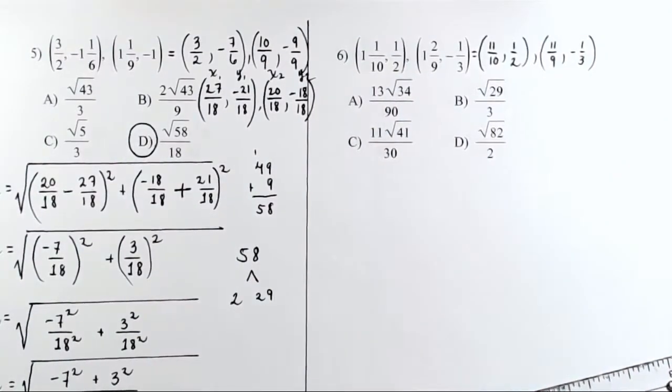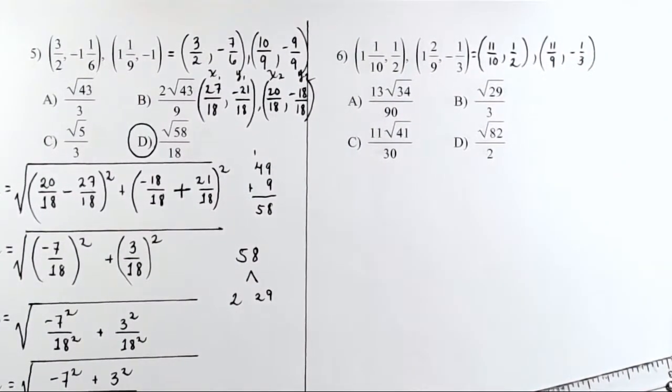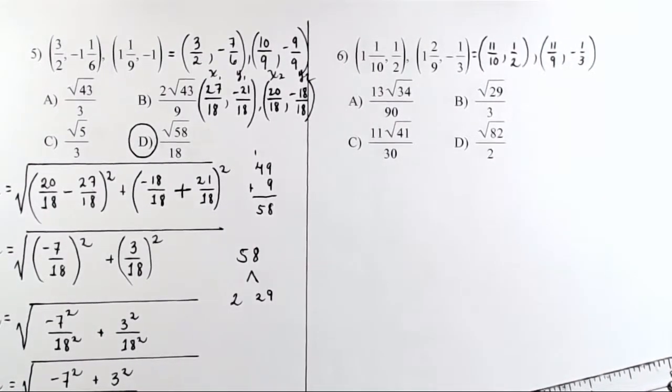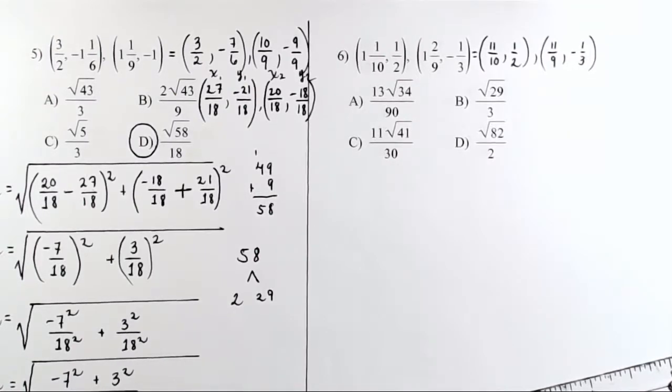Okay, and now I need to do the common denominator thing. And, what are we going to do here? So I've got 9, 3, 10, and 2. It's going to have to be 90.